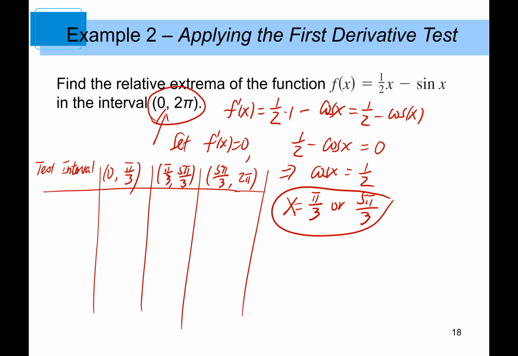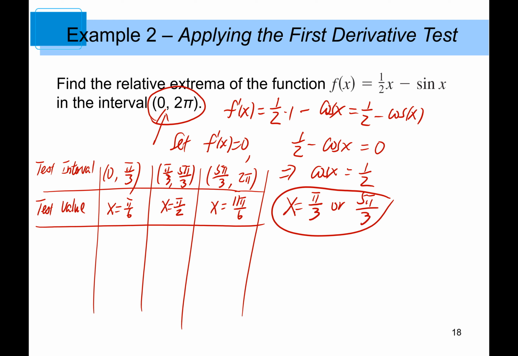So here we're going to pick a test value for each interval. First interval we can pick x equals pi over 6. Second interval we can pick pi over 2. Third interval we can pick 11 pi over 6.